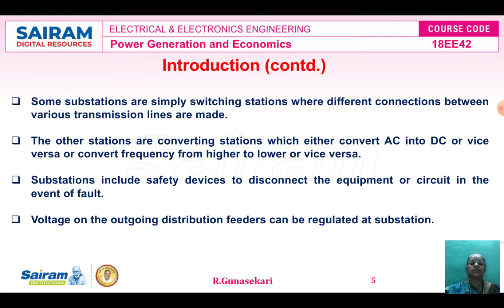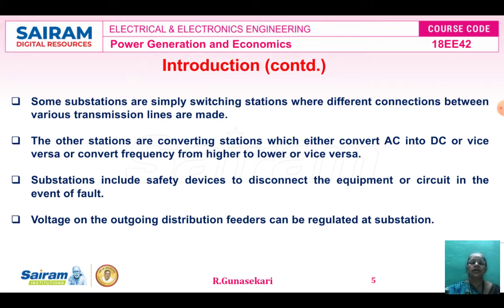The substations consist of safety devices which are used to disconnect the equipment or the circuit from the power supply during faulty conditions. What safety devices are used in the substation? For example, circuit breaker, protective relays, and high voltage fuses.